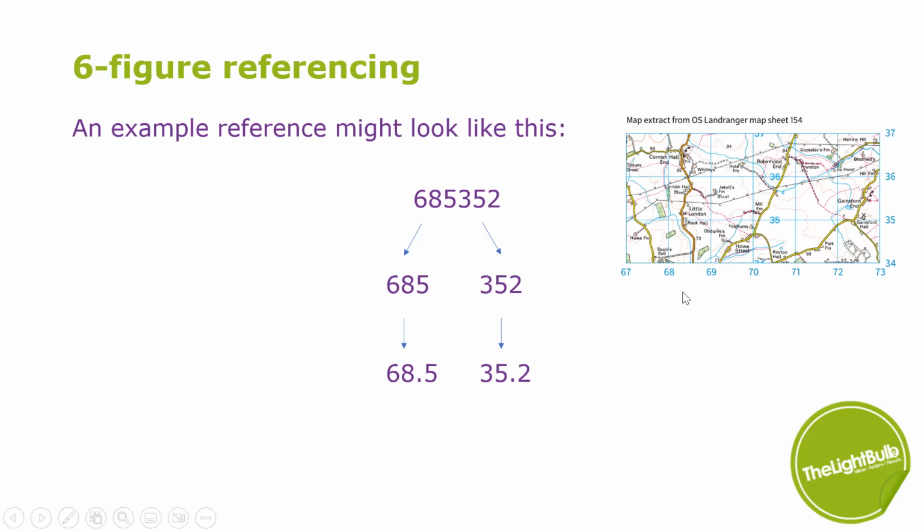It's somewhere along that line. If I just draw that line in there, I'll put a red dashed line in there. Now that line is on 68.5, or just 685.